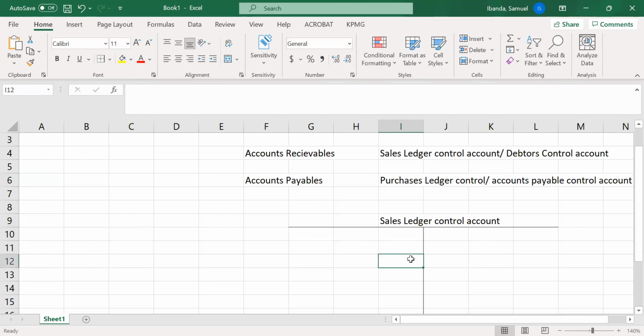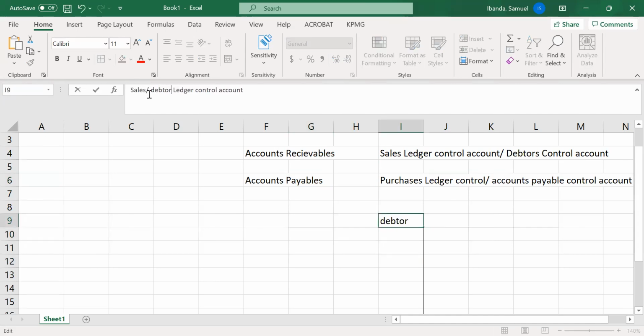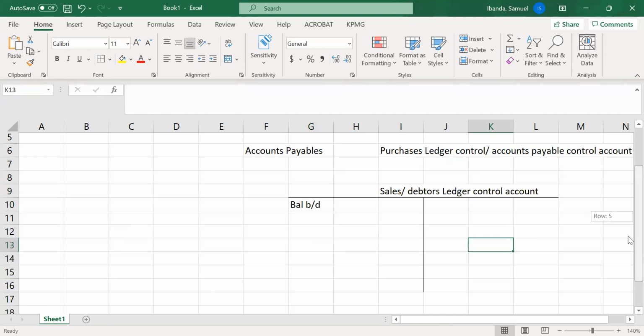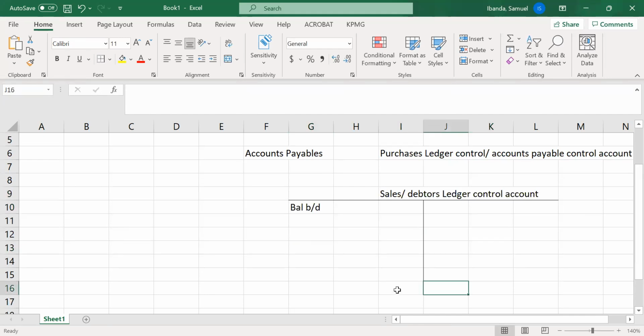So with this, we're able to know that for the sales ledger, or debtors, as they might call it, it usually has the balance brought down on this side, while our balance carried down is on this side, because receivables are assets, and assets have a normal debit balance. So your balance will always be here, and the balance carried down will always be here.